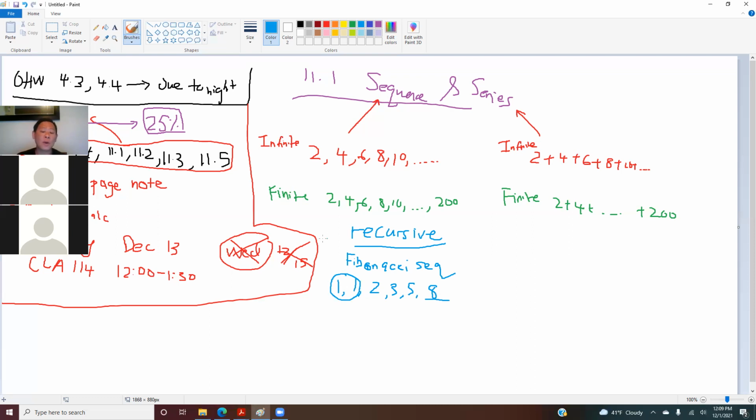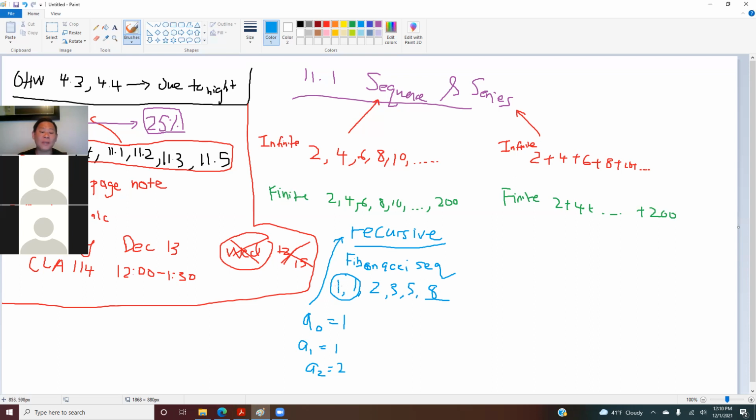Okay. So when you have a recursive sequence, usually they will say A0 is 1, A1 is 1, and then A2 is 2. So when you see this A, it is telling us the term, or the numbers in the sequence.